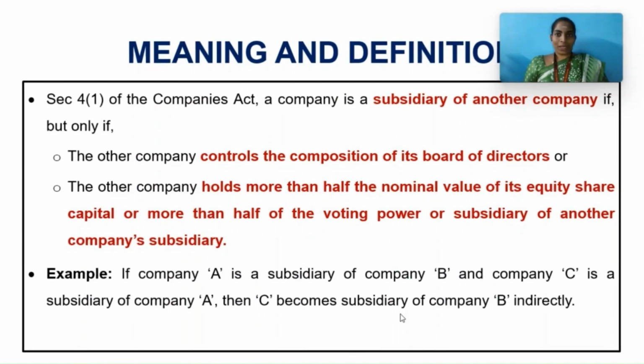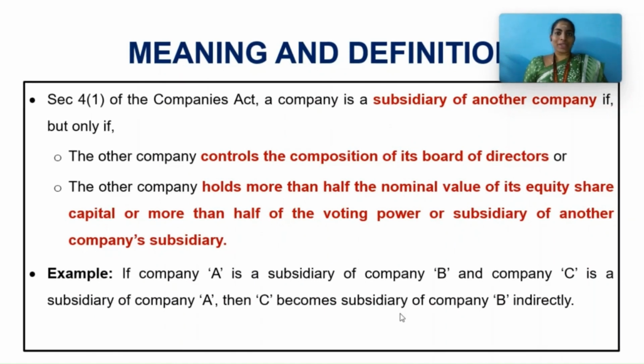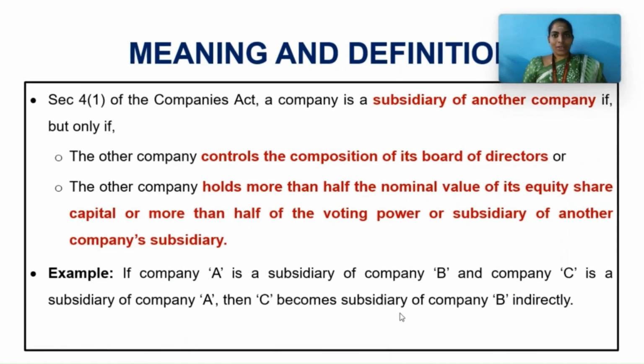A, B, C, we have three companies. A is a subsidiary of B, whereas C is a subsidiary of A. So B has an indirect connection over C. So B becomes the holding company of C company.